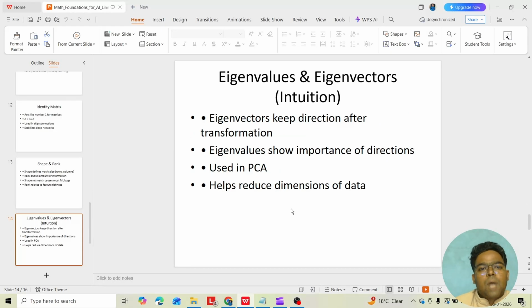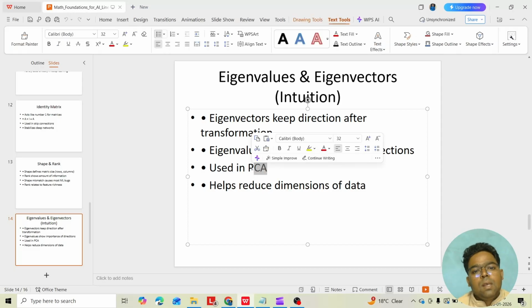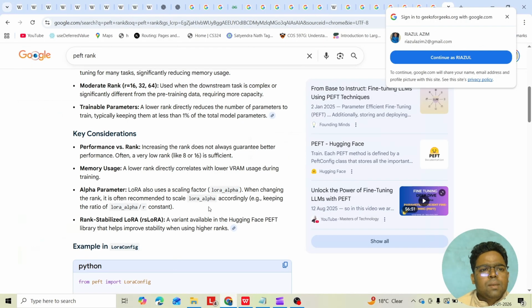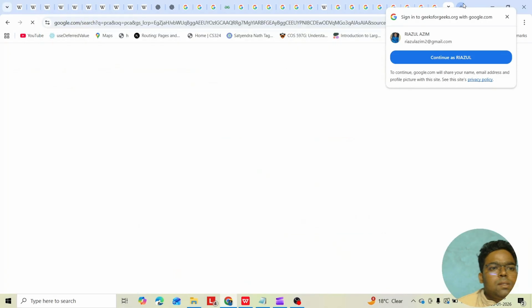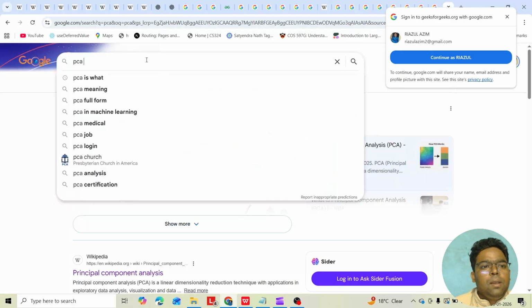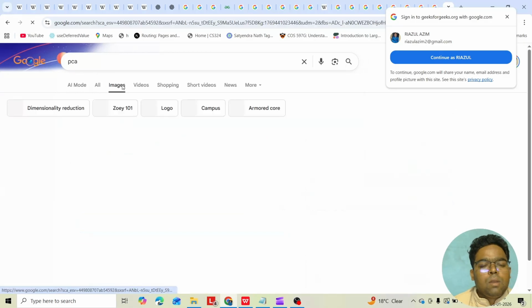So next, eigenvalue and eigenvector, that is a very important thing, and that is mostly used in PCA, principal component analysis, which helps reduce the dimension of the data itself. PCA is a very simple technique, and what it is doing is reducing the dimension.